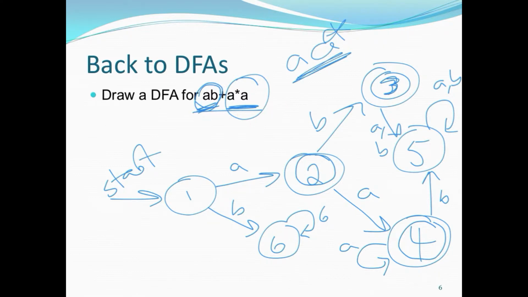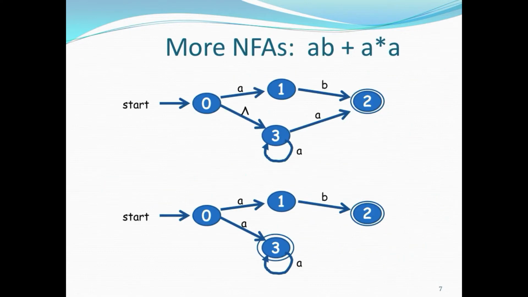And it was okay. It was a little bit of a pain. Let's talk about an NFA for this language now. And what you'll see here is it's a lot easier to make an NFA for this language than a DFA. So let me just show you what's going on here. So here's a few possible strings we could look at.